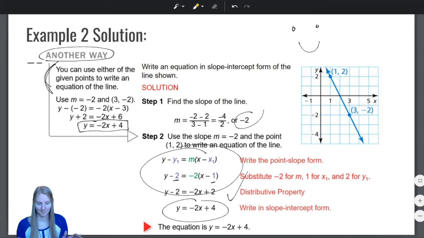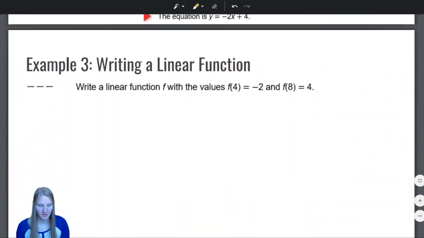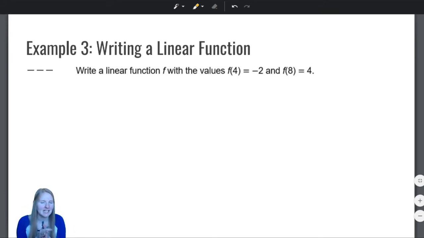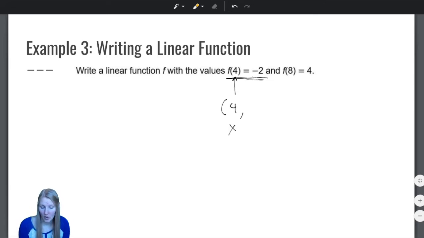Okay, awesome, cool. Let's move on to our last example for today. Example 3, writing a linear function. So this should look very similar to a problem that we did in 4.1. Now remember, when they say f of 4 equals -2, we're talking about 4 is our input, our x value, and -2 is our output, or our y value.